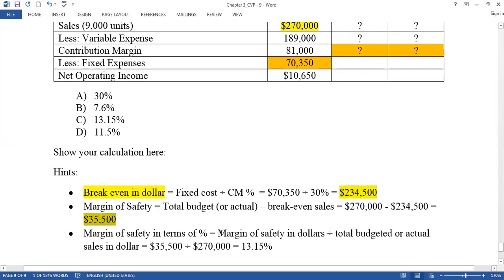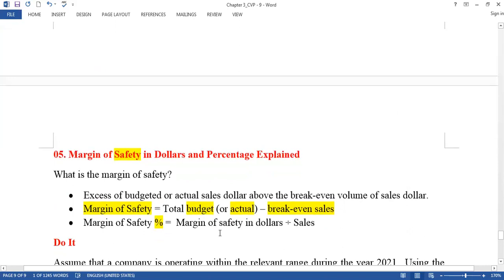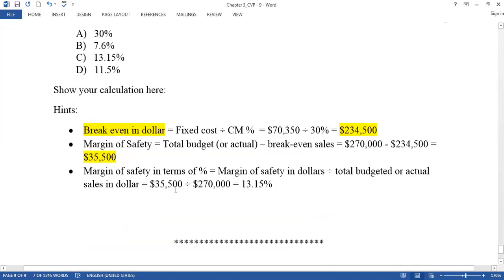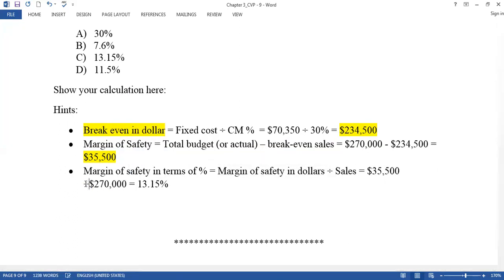And percentage, what is the formula of percentage? Can you remember? Margin of safety divided by sales, right? We already calculated margin of safety.